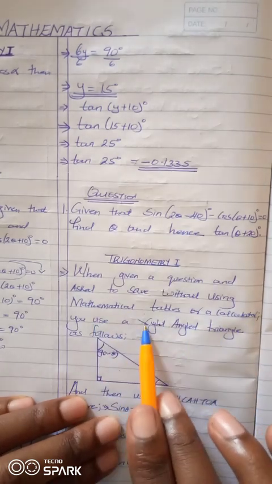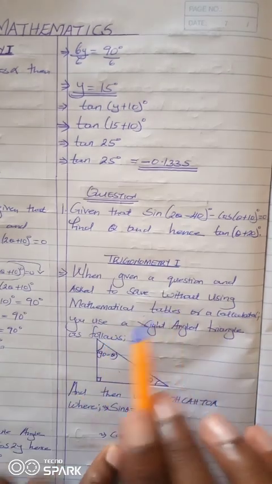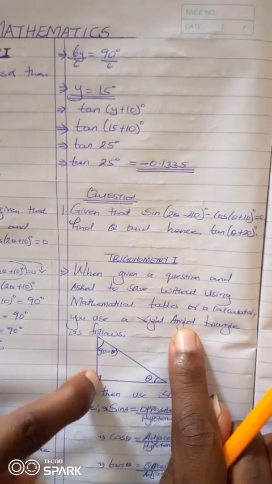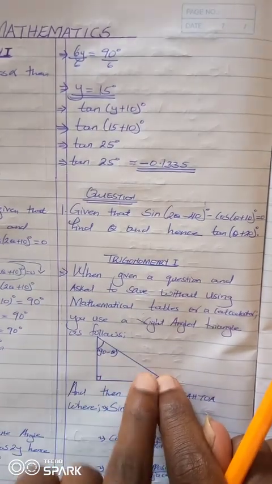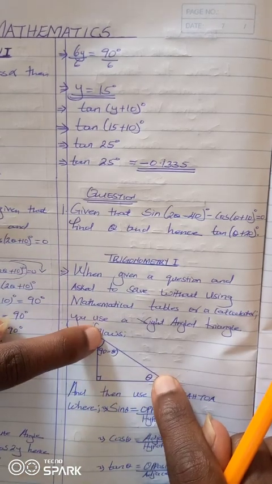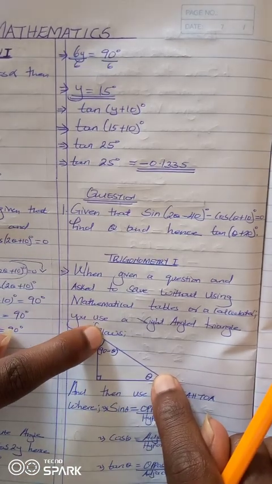In that case, you use a right-angled triangle as follows. In our right-angled triangle, this is the 90 degree angle, this will be your theta and this will be your 90 minus theta, and it is always like that.